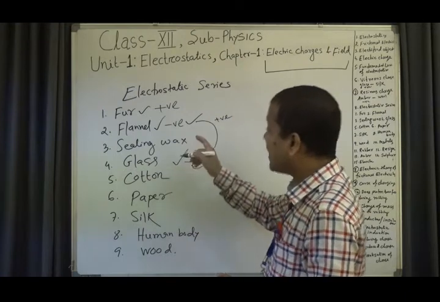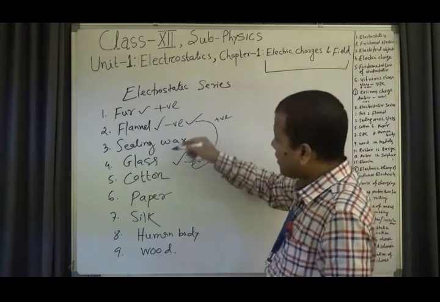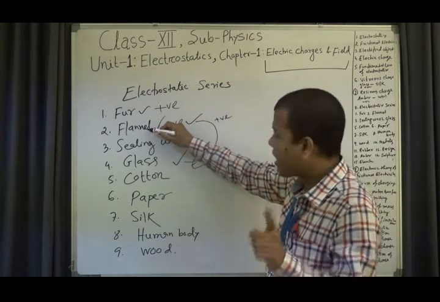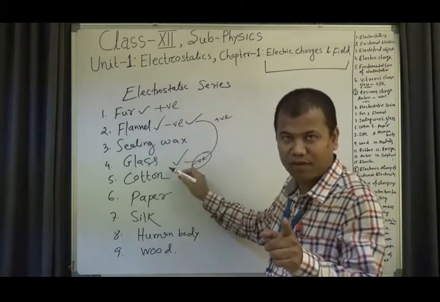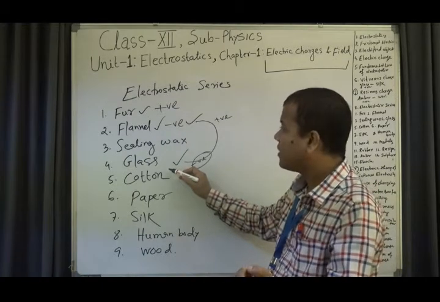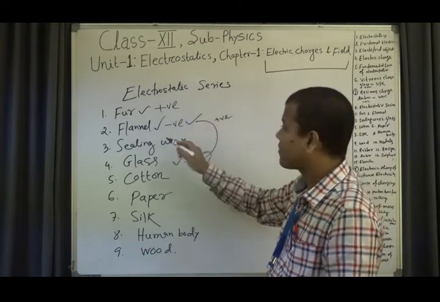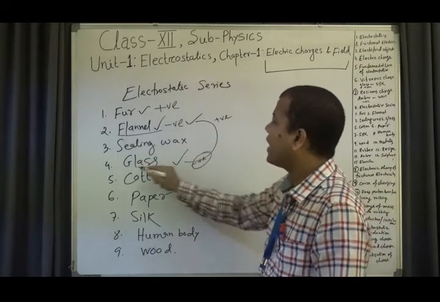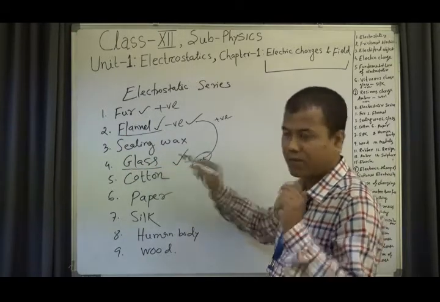In the series, flannel is the earlier object and glass is the later one. That's why, according to the law of the electrostatic series, positive charge is developed on the earlier one and negative charge on the later one.